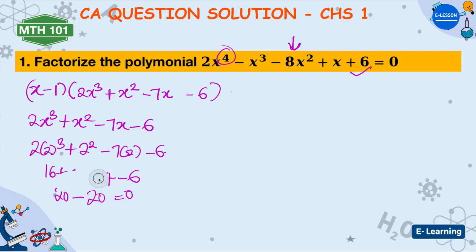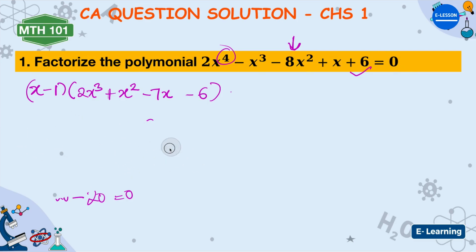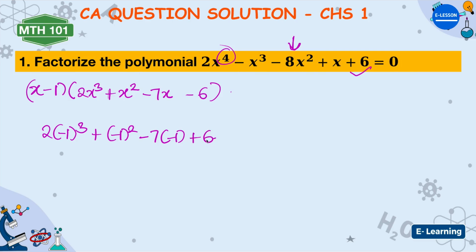So if 2 works, okay, you just put it into the equation now. So if 2 works, that one is supposed to work. Let's do this again, I beg. This 2 bracket minus 1 raised to the power of 3 plus minus 1 squared minus 7 bracket minus 1 minus 6.